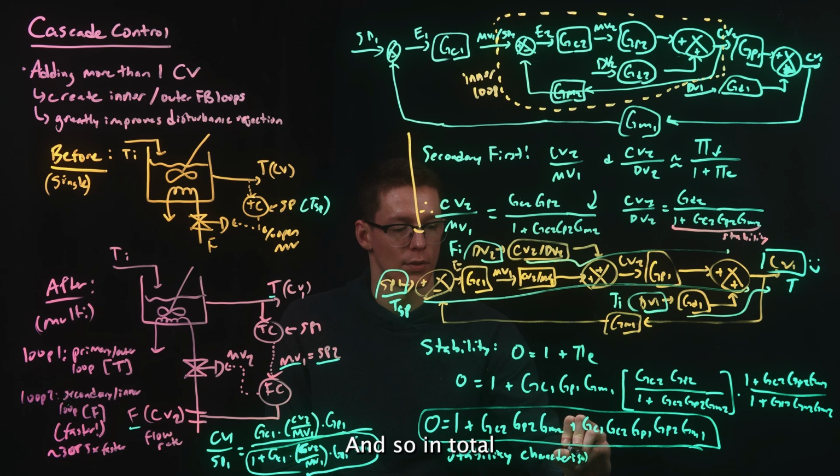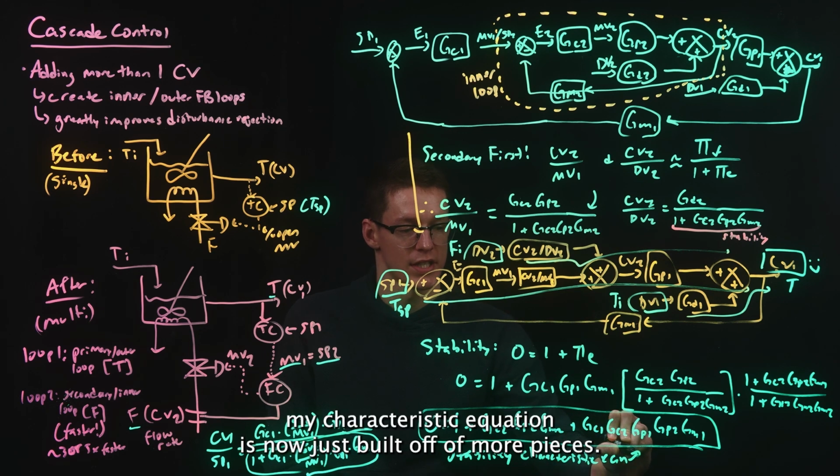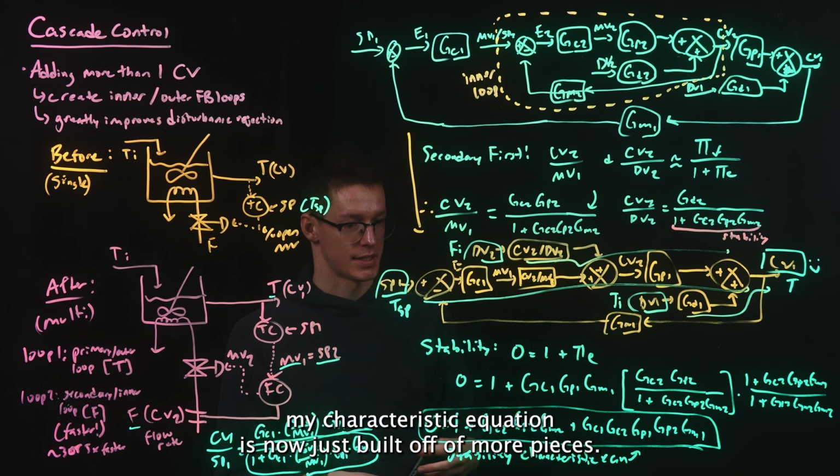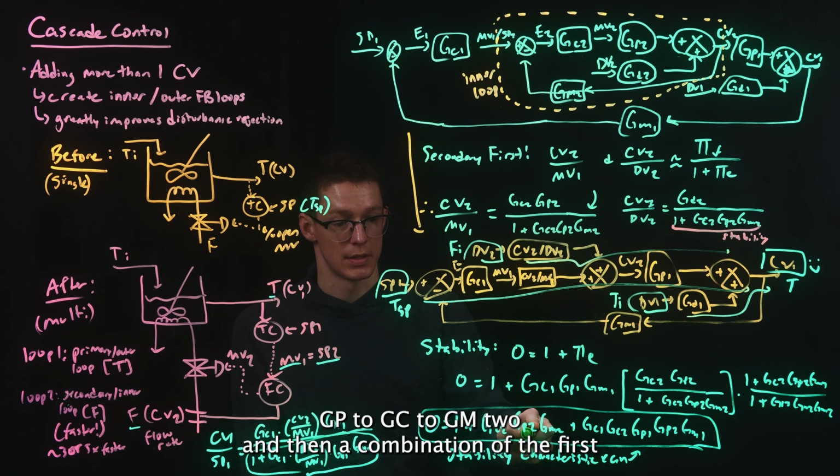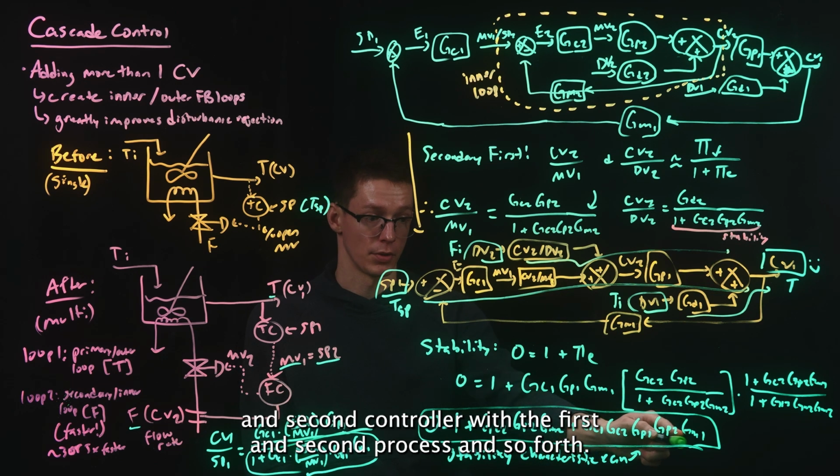And so in total, my characteristic equation is now just built off of more pieces. And if you notice, it's built primarily off of my GP2, GC2, GM2, and then a combination of the first and second controller with the first and second process, and so forth.